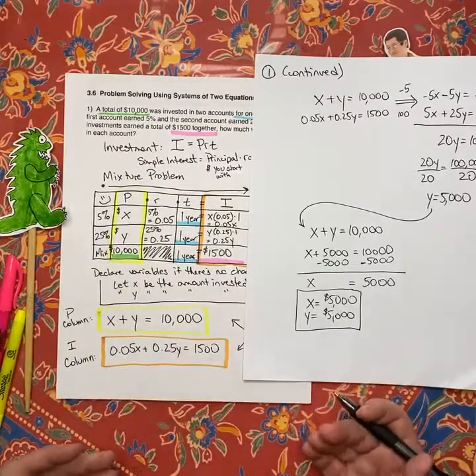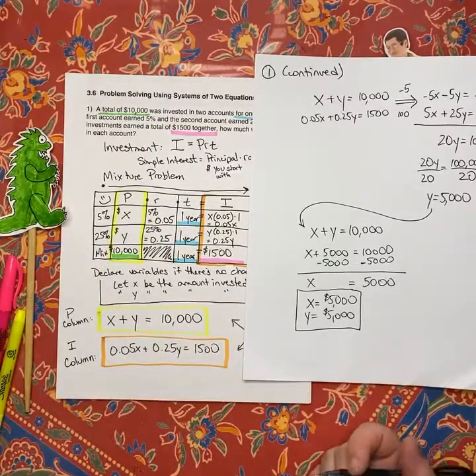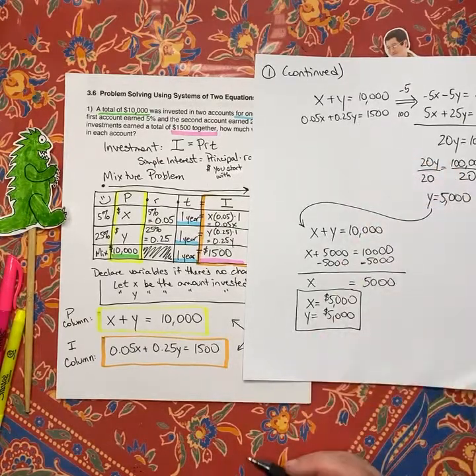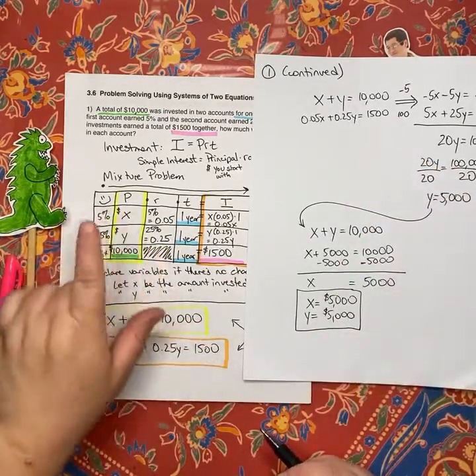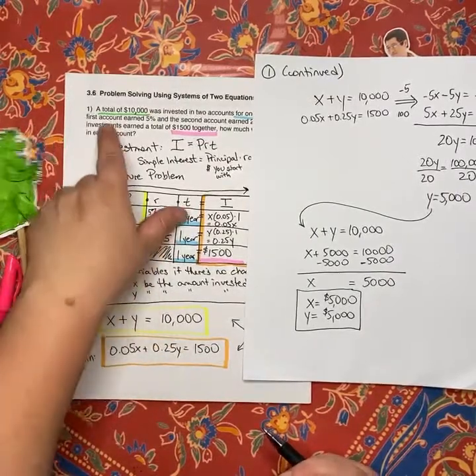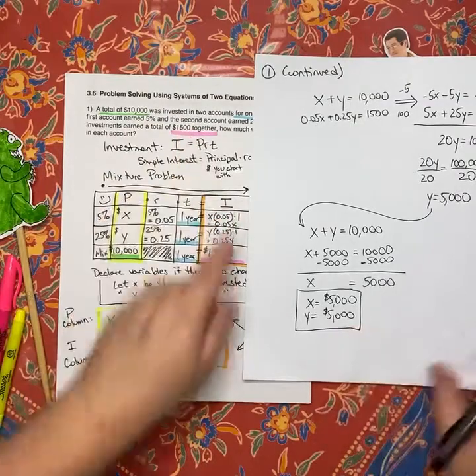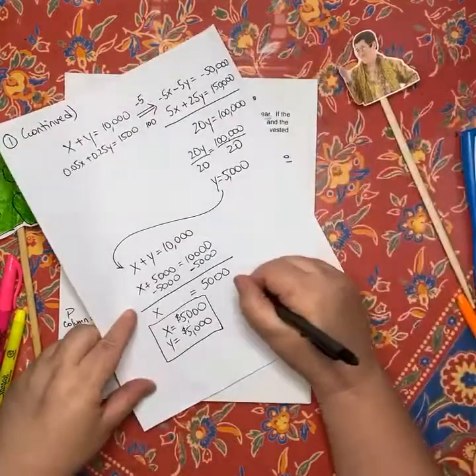Now, is there a way to check word problems? Not generally. Could you plug these two values into each of these? Absolutely. I'm actually going to go a little more directly. I'm going to double check. Total of 10,000, yes. And do we get 1,500 together? So let's check the interest.